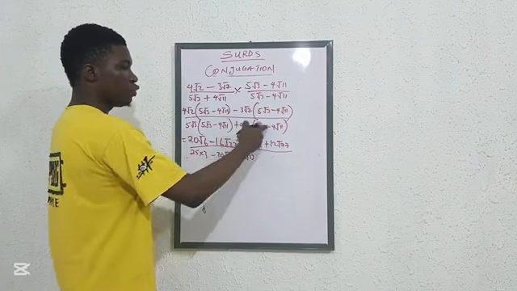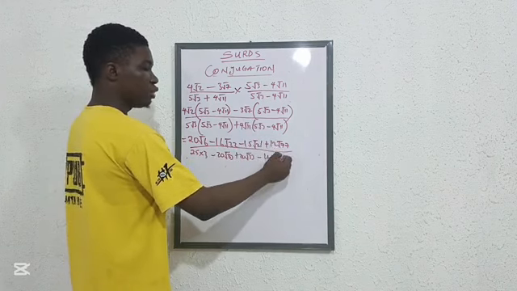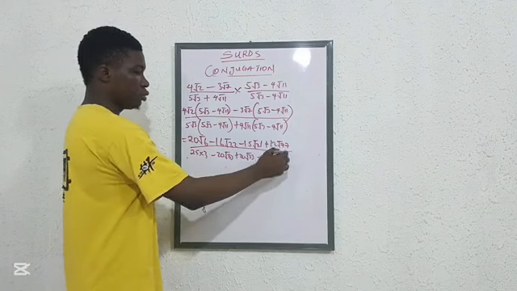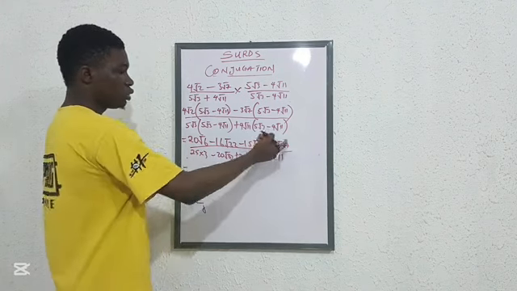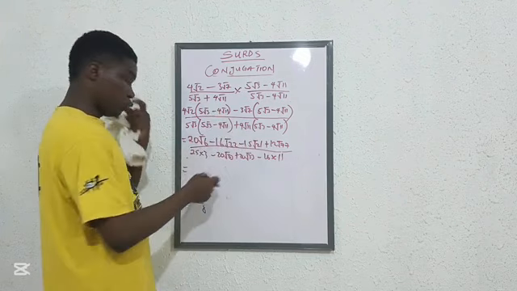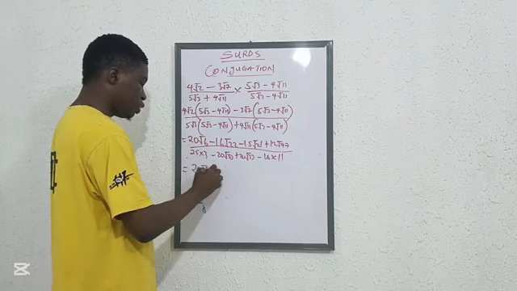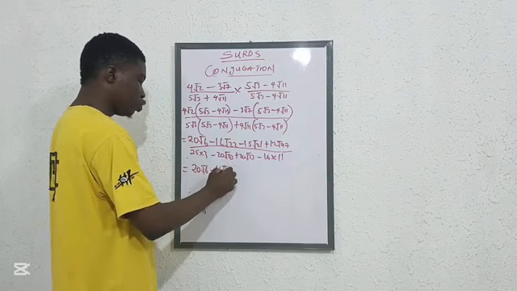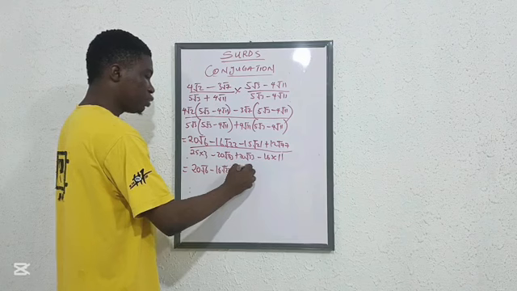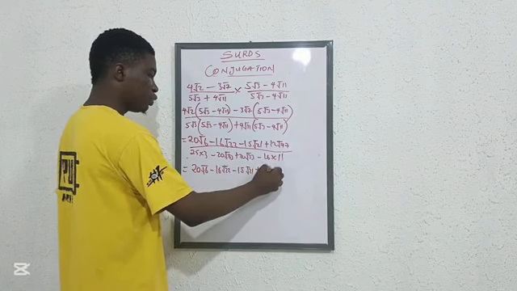Then we have plus 4 times minus 4, minus 16 times root 11 times root 11, 11. So since there's nothing to either cut or add, we're just going to write it straight. So we have 20 root 6 minus 16 root 22 minus 15 root 21 plus 12 root 77.